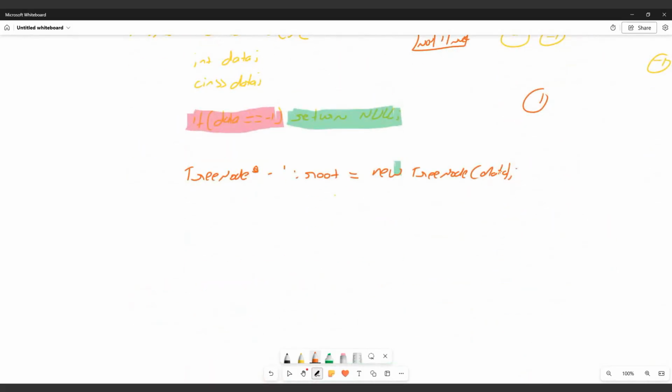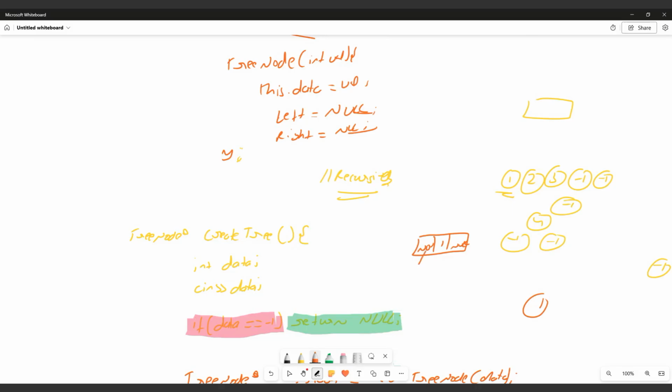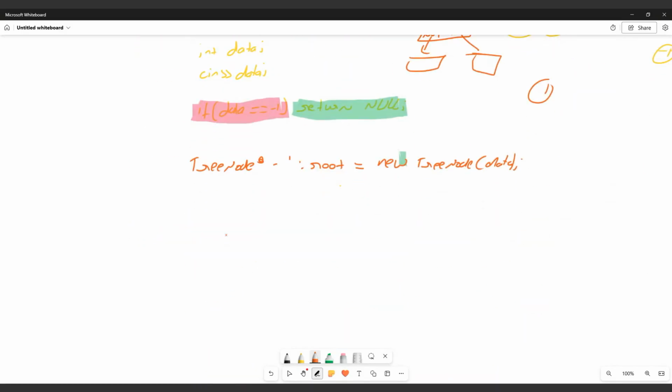Okay, class. Now we have to do it recursively. Now we have to again take the input and do all the stuff. So now I have to go to the left of this and do the same process recursively. Again, we have to go to the right of this and do the same process recursively. So what can I do now? In this root's left, again run the same function, createTree.